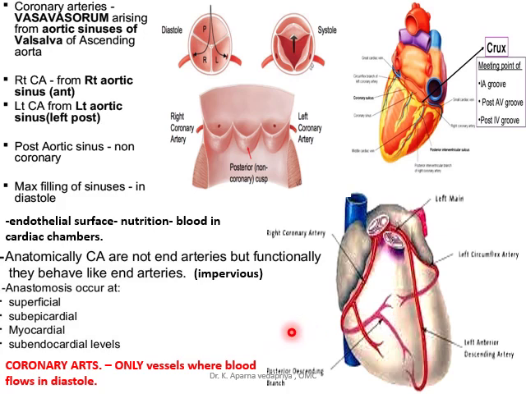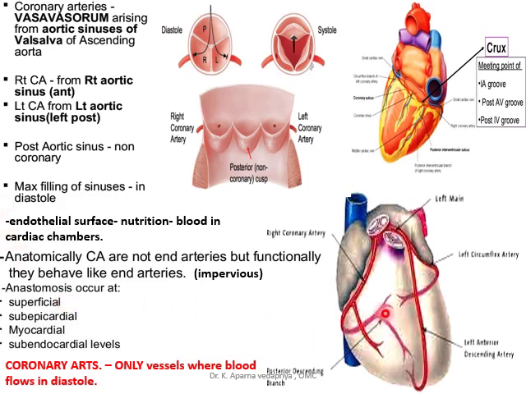So the coronary arteries are functionally end arteries because there is no free anastomosis between the two coronary vessels. But anatomically they are not end arteries, because there is anastomosis between the coronary vessels.